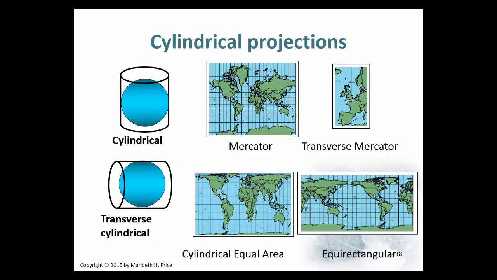Cylindrical projections are created when making a cylinder shape with the paper and wrapping it around the globe. Transverse cylindrical would mean you're wrapping the paper from north to south instead of east to west.